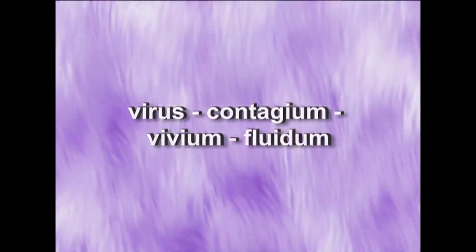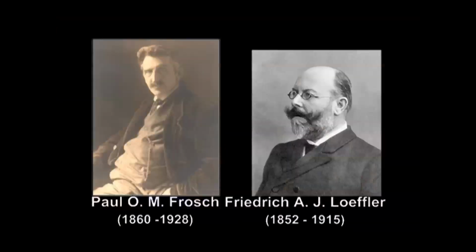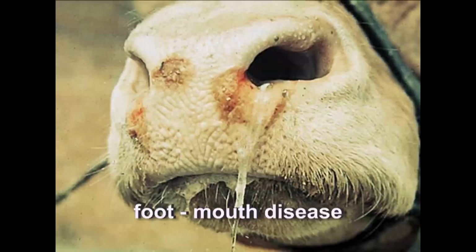He called it contagium vivum fluidum. And finally, he was the person who coined the term virus. Next important discoveries were done by Loeffler and Frosch. They found that foot-and-mouth disease of cattle was caused by viruses.